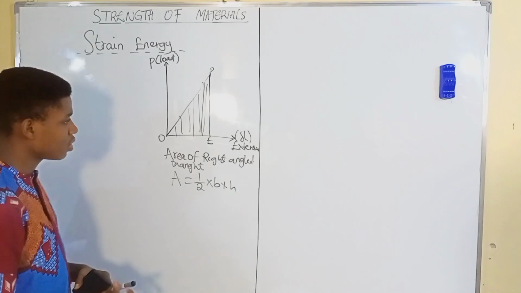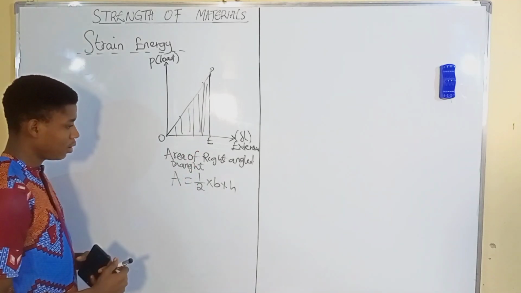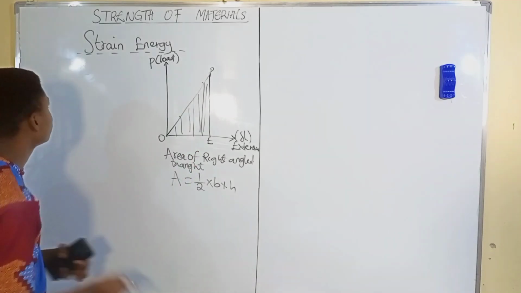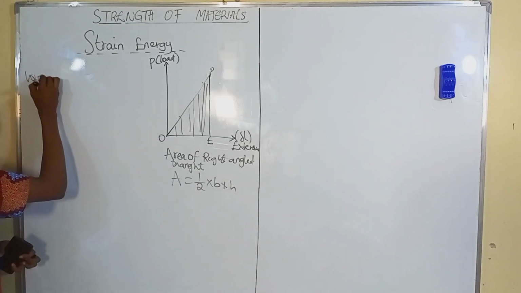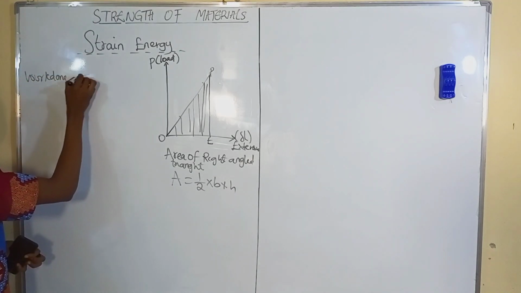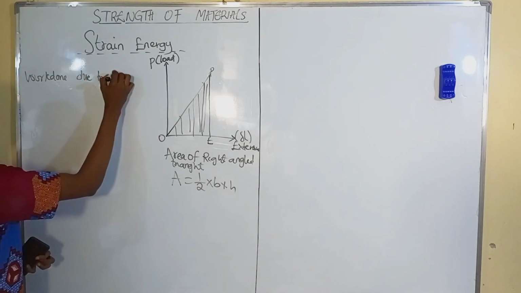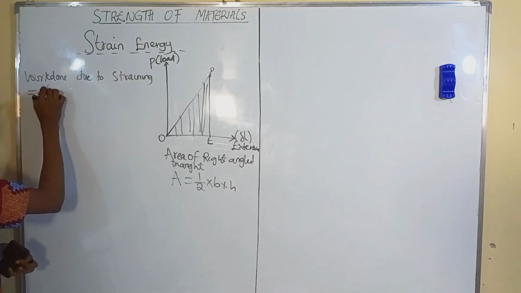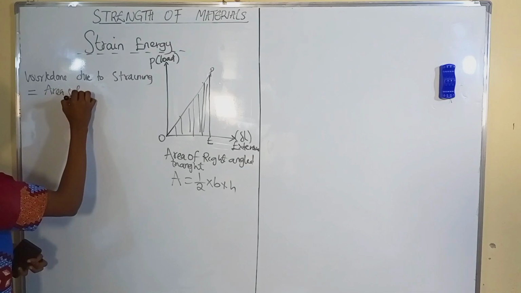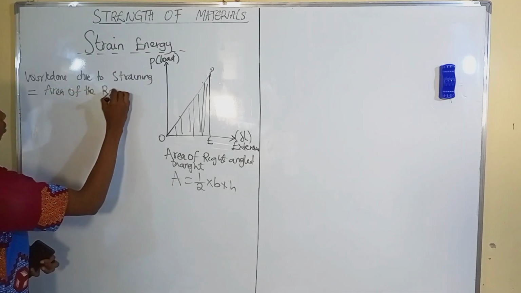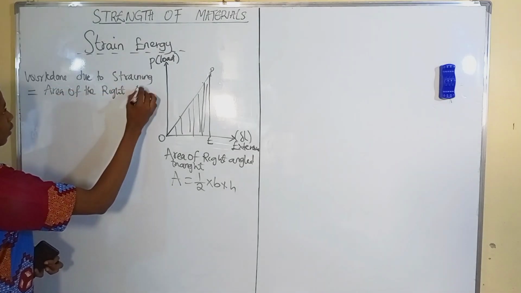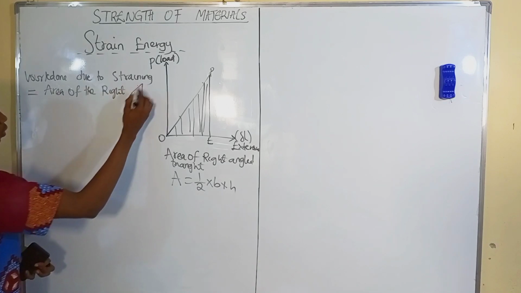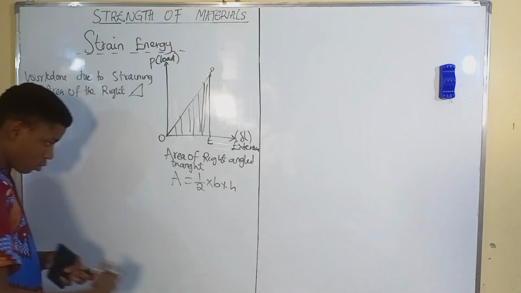In this case, if we are to calculate the area, we say that the work done due to straining is equal to the area of the right angle triangle.